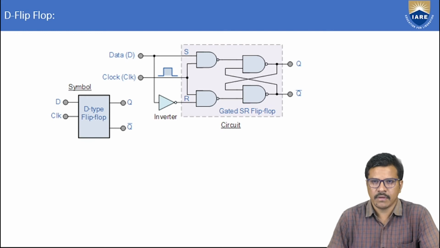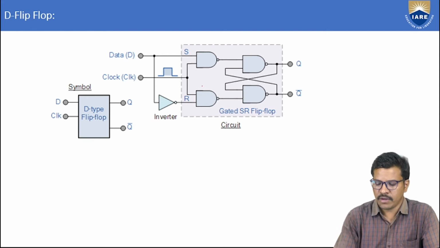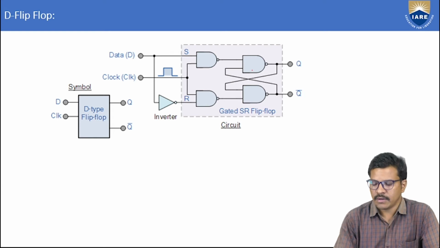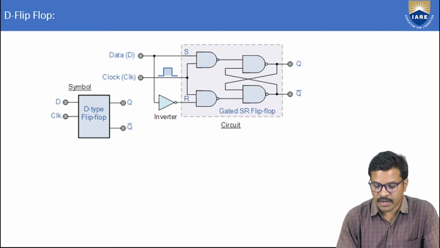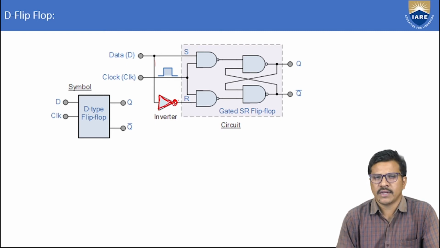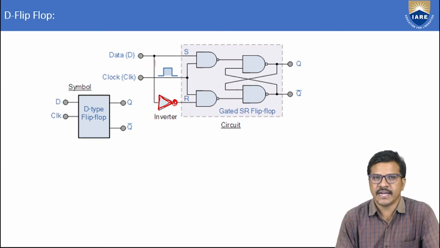If you see this diagram, this is the simple gated SR flip-flop, represented in the dotted shaded region, and we provide an extra inverter connected between the main D input and R. When we provide the inverter to the R input, we avoid the chance of getting the same outputs. So when we join S and R with the inverter connected between D input and R, it becomes a D flip-flop.